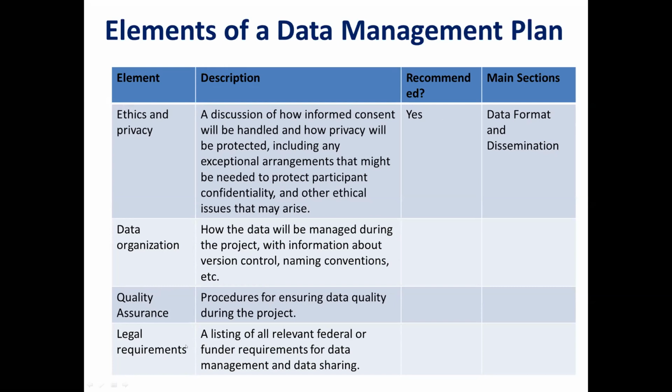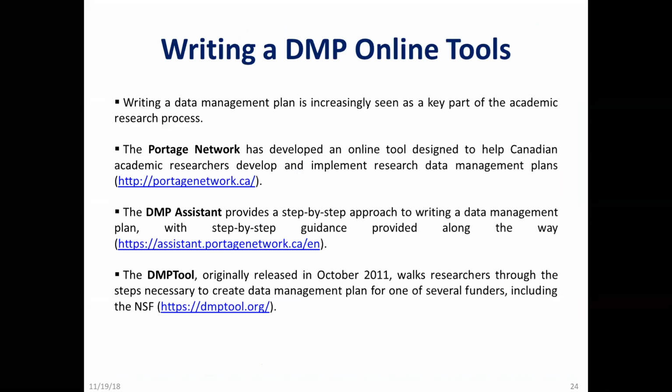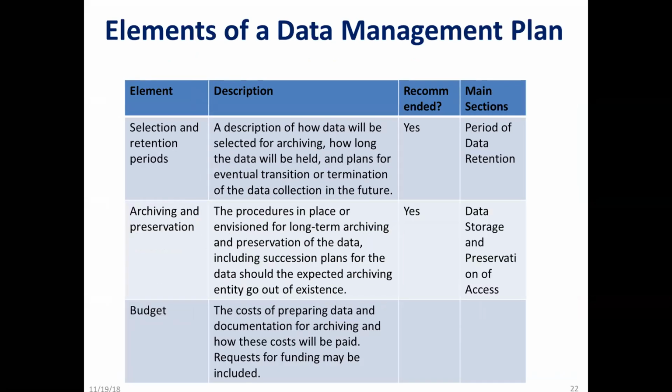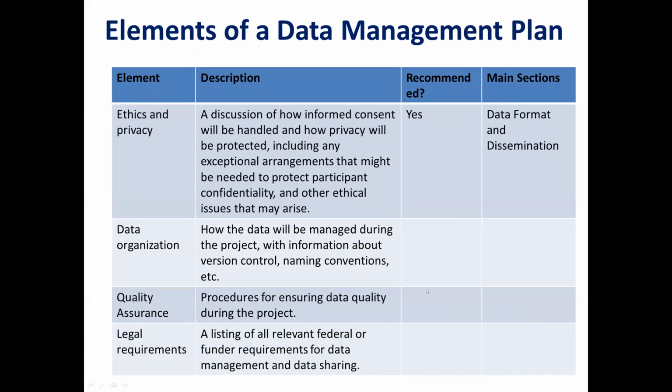And then the legal requirements: the list of federal or funding requirements of data management that you have to consider, either from your funding agency or your own institution. So this is the checklist. You should print it. It gives a description of all the sections that you have to write in the data management plan.